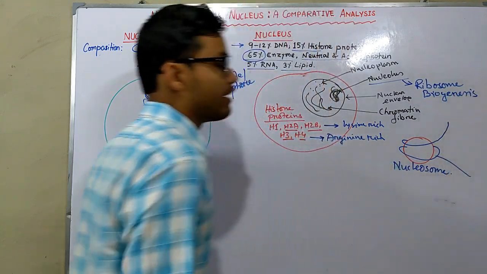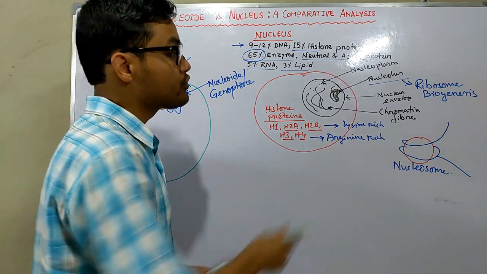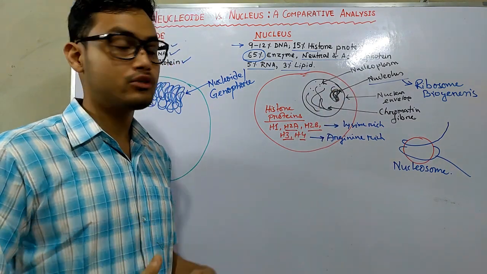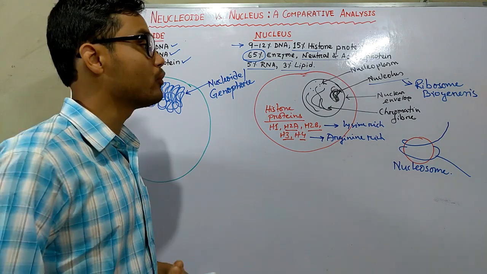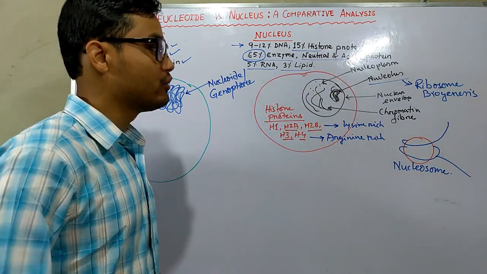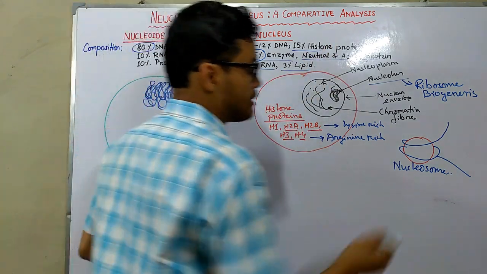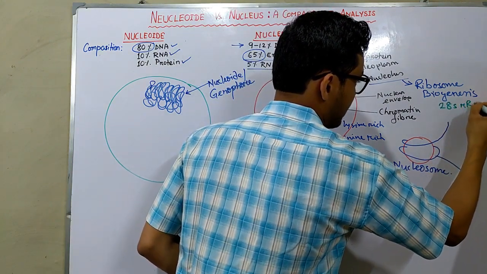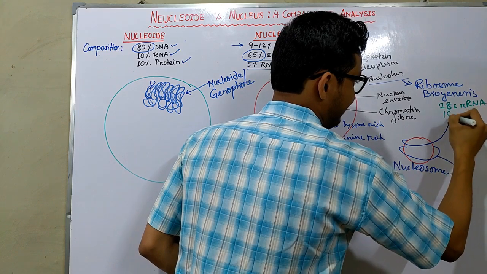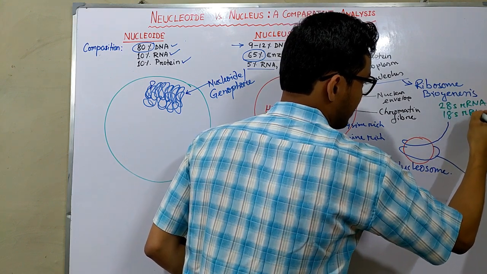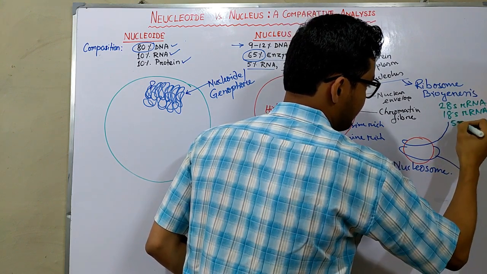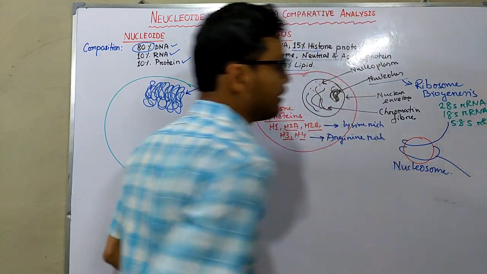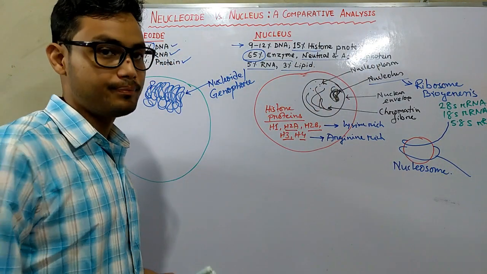That means ribosomes are produced from the nucleolus. The genes that encode ribosomal RNA are present within the nucleolus region. Here 28S rRNA, 18S rRNA and 5.8S rRNA genes are found in the nucleolus.